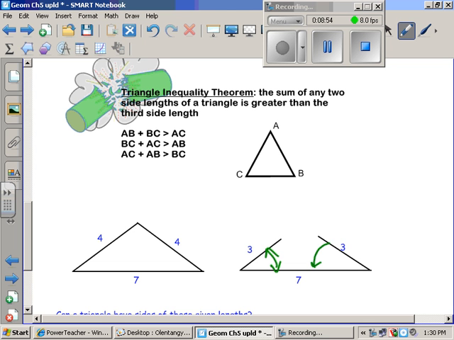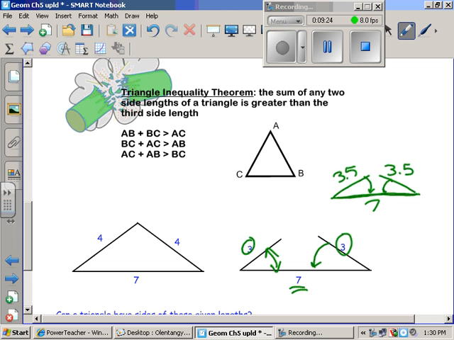Okay, and that's kind of what this theorem is saying. These two sides always have to be larger than the third side. Even if they're exactly the same, like if I had my 7 and this is 3.5 and this one's 3.5, this one would come down and this one would come down and they'd meet and make a line exactly 7 long.